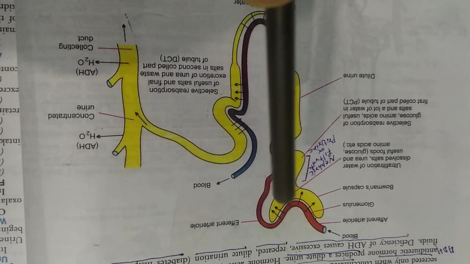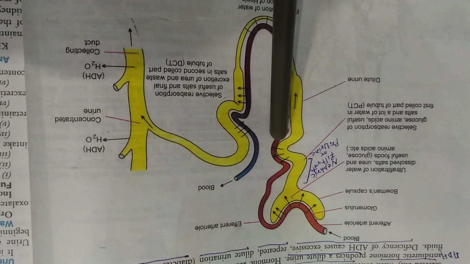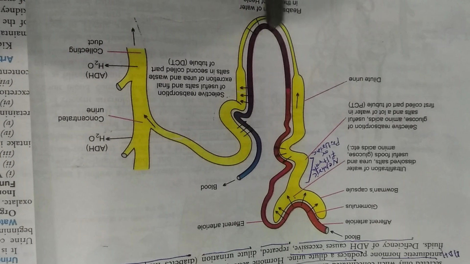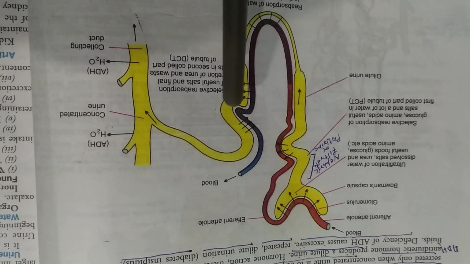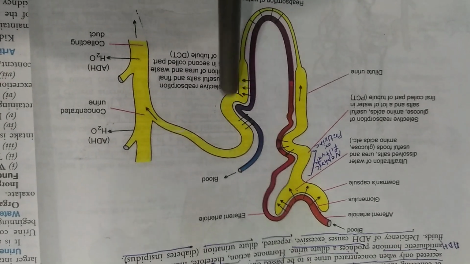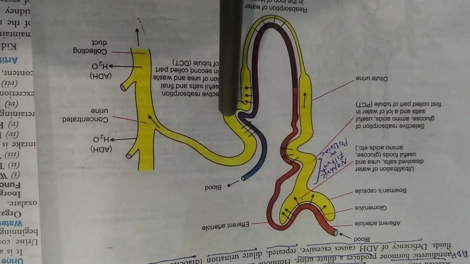So students, first selective reabsorption takes place in PCT, some amount of water is reabsorbed in the U-shaped loop of Henle, and further reabsorption takes place in DCT. Here some amount of useful substance is reabsorbed from DCT.